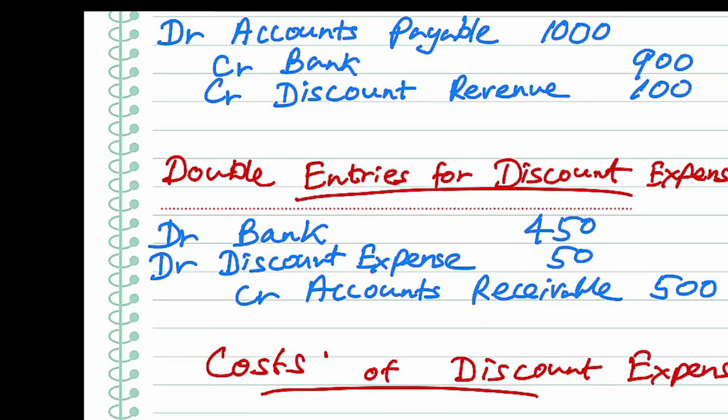Number one, less cash is received. Number two, net profit decreases as discount expense is incurred.